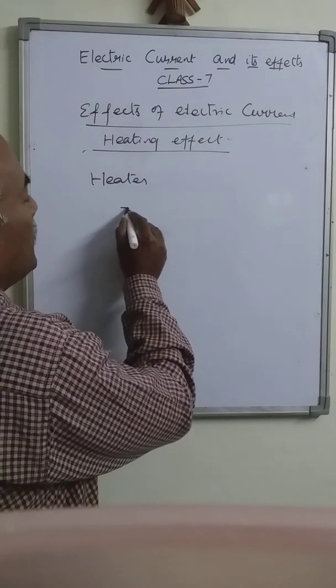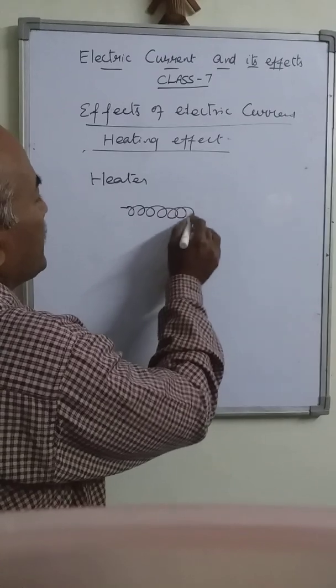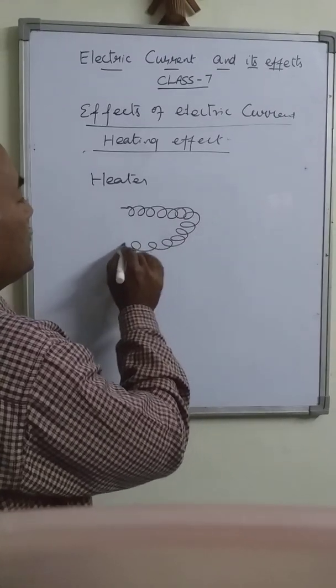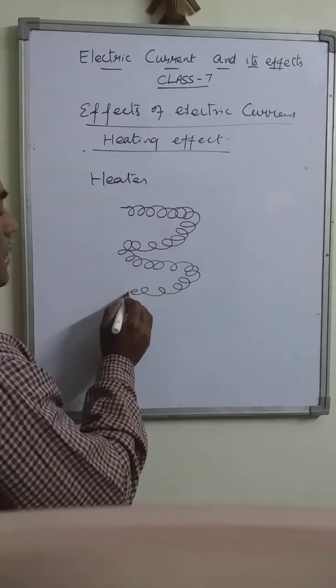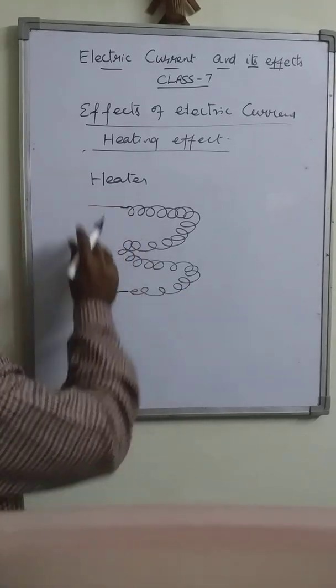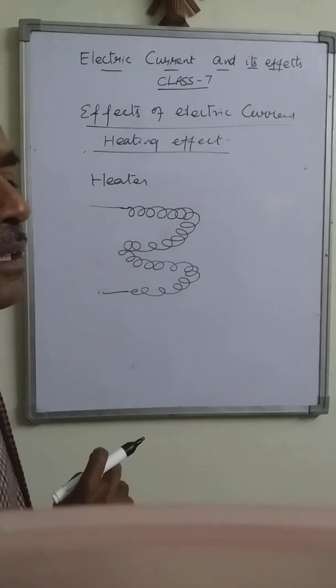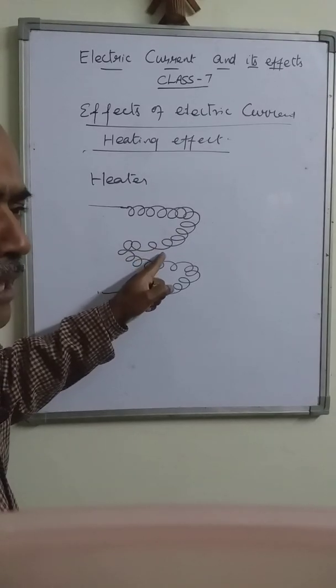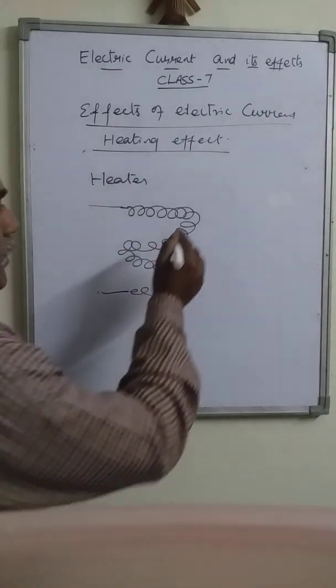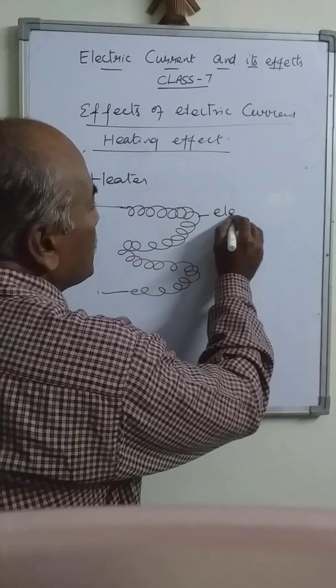It is formed in this way. This is element. Now these two terminals are connected to the plug from where the electric current passes through it and it produces the heat. This we call element.